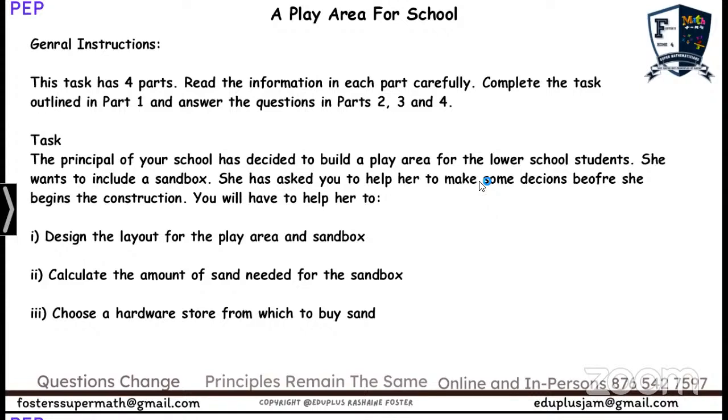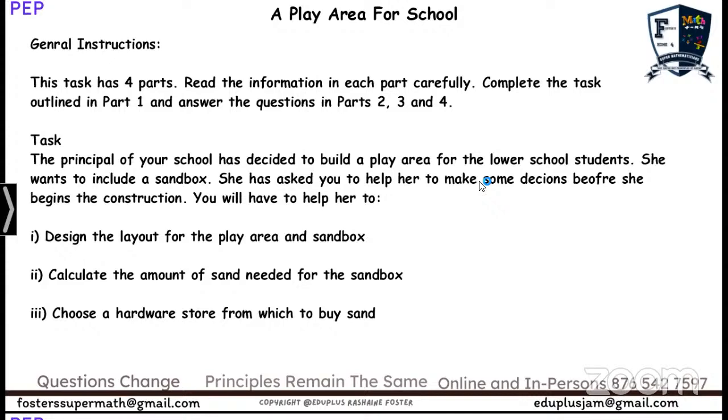Before you skip the page and start answering anything in the exam, please make sure that you have an understanding of what you are required to do.